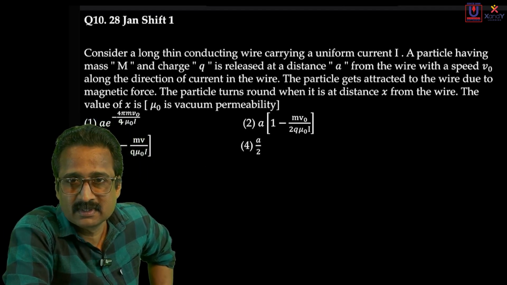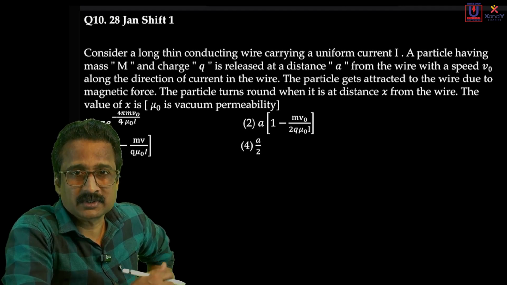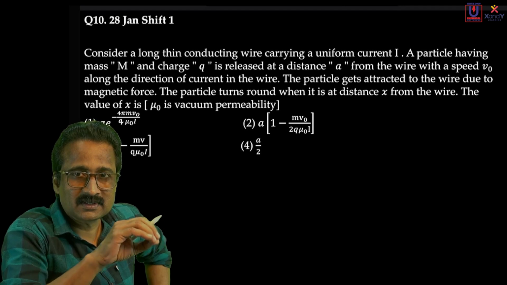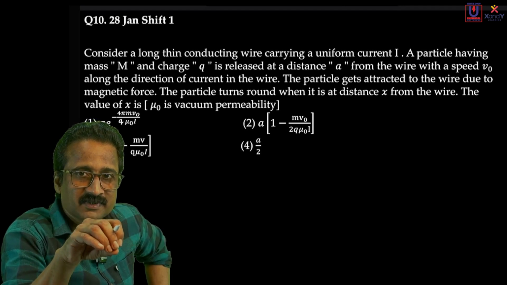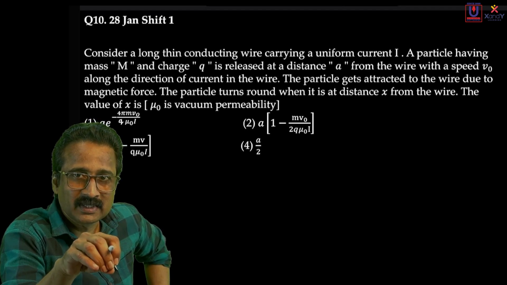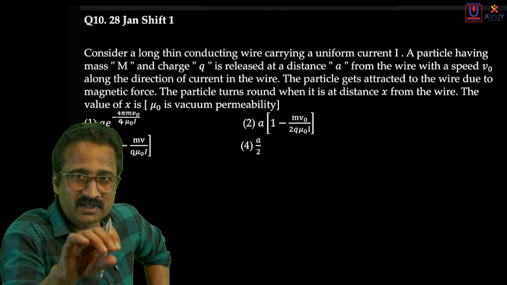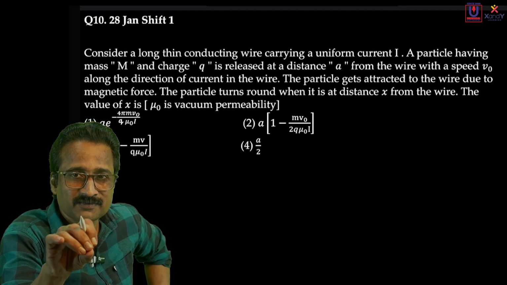That's the question. The particle turns round, which means the particle reverses its velocity. See, in this case, a particle is projected with a certain velocity v0 in a magnetic field produced by a straight long wire. Initially the velocity was given in the direction of current.